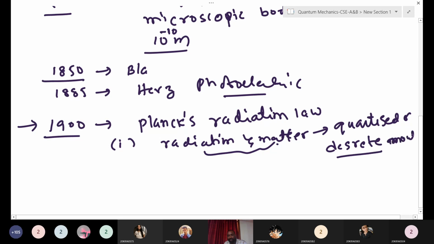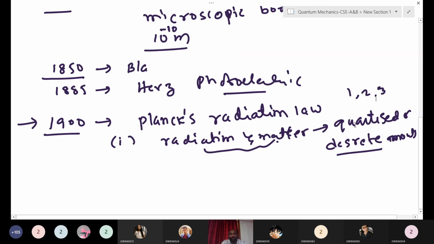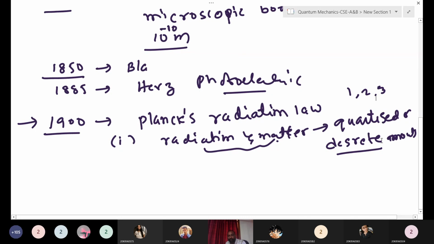Discrete amounts means, suppose, 1, 2, 3, 4, like that. So once radiation interacts with matter, the energy exchange, released or absorbed, is quantized, in the form of discrete amounts. That is one very important postulate he proposed.